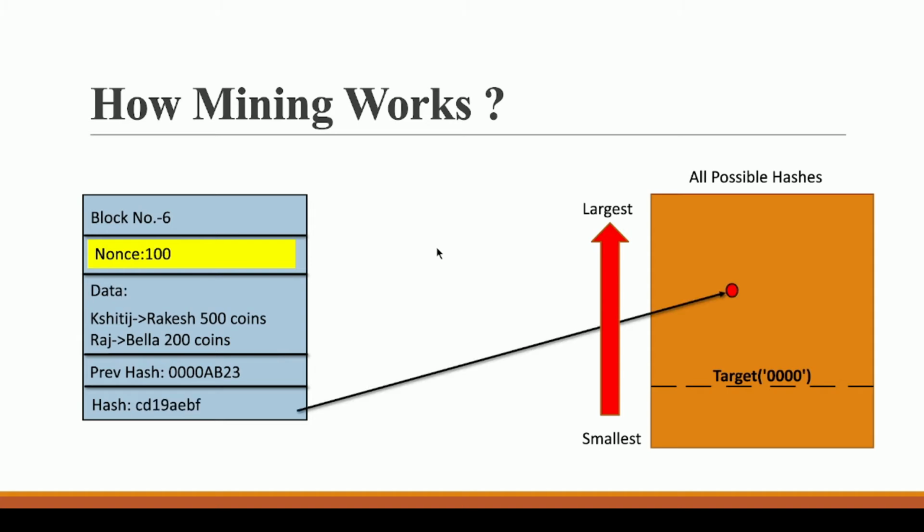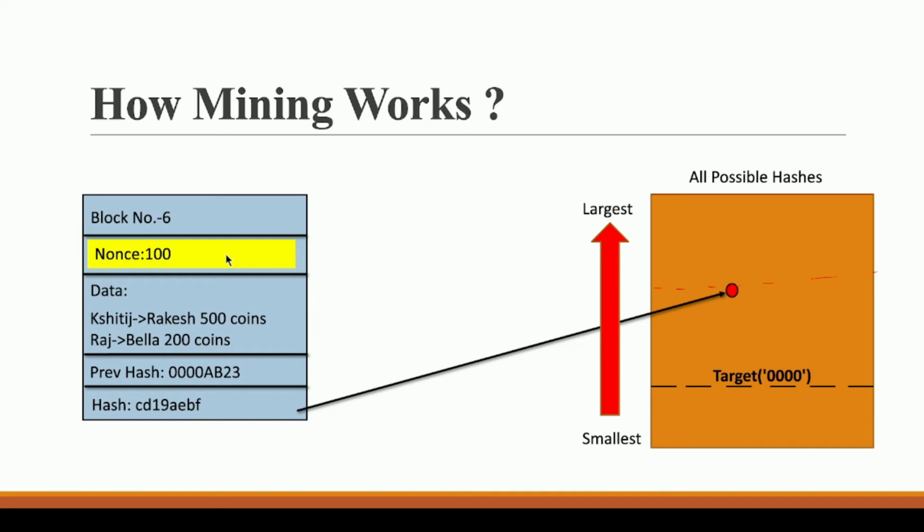Let's say we have a nonce of 100. For the nonce 100 you can see that we have a hash, CD1AEFBF, and this hash belongs somewhere at this position among all the possible hashes.